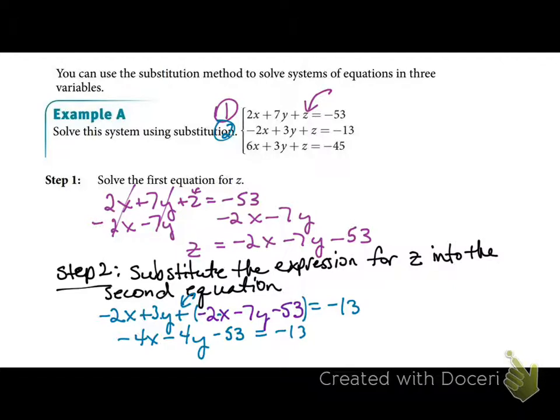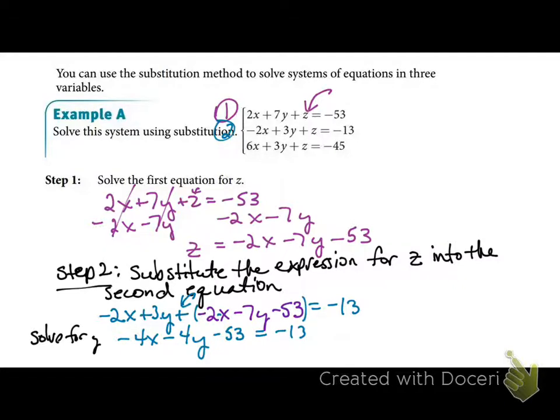The next thing I'm going to do now is I'm going to go ahead and solve this equation for y. So let's write that down here. So if I solve that for y, we need to isolate it, which means that our negative 4x and negative 53 must go.